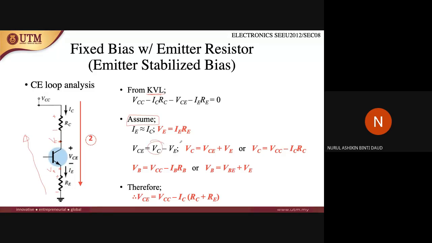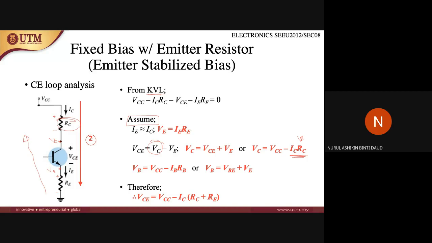Since we want to find VC, and VCE is sometimes given, you can rearrange for what you want to find. If you want to find VC, it equals VCE plus VE, or you can say VCC minus ICRC, where ICRC is the potential drop here.